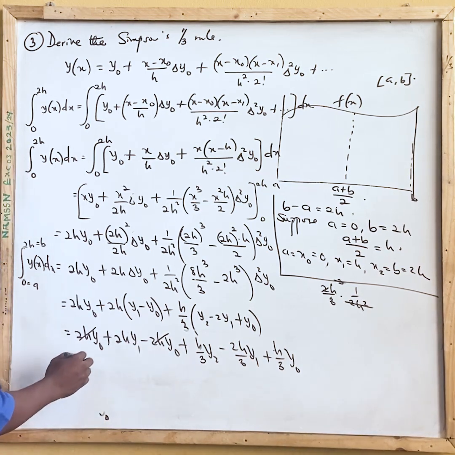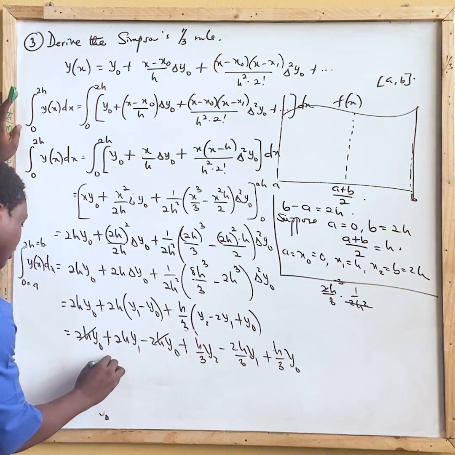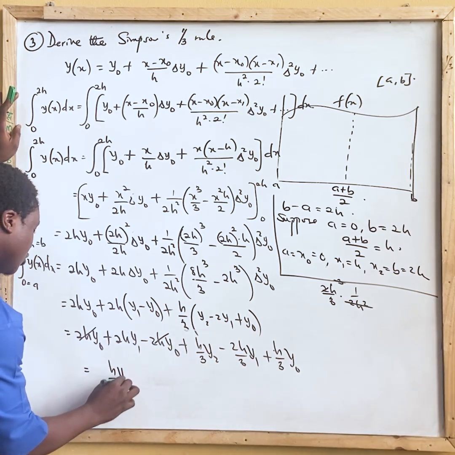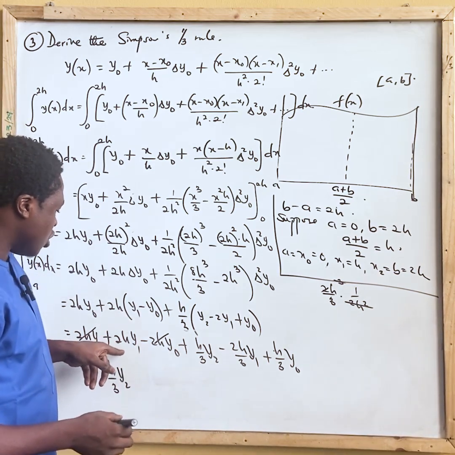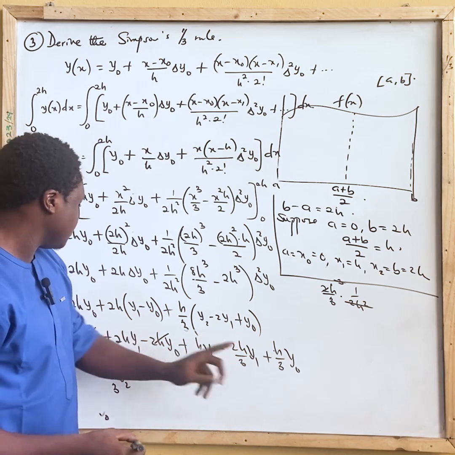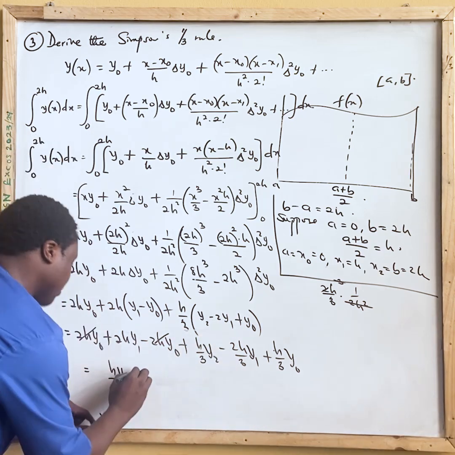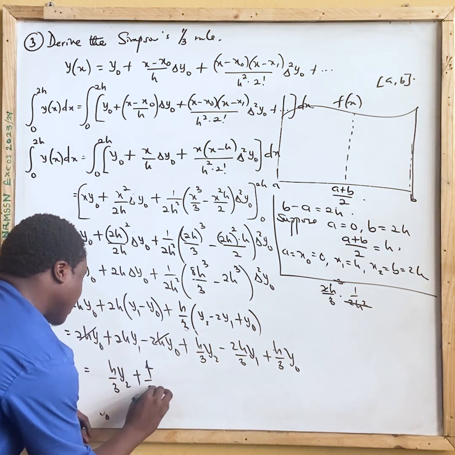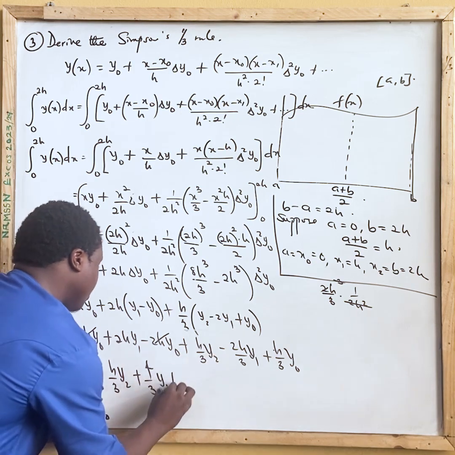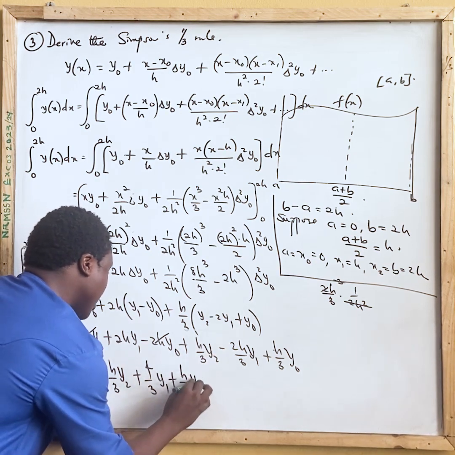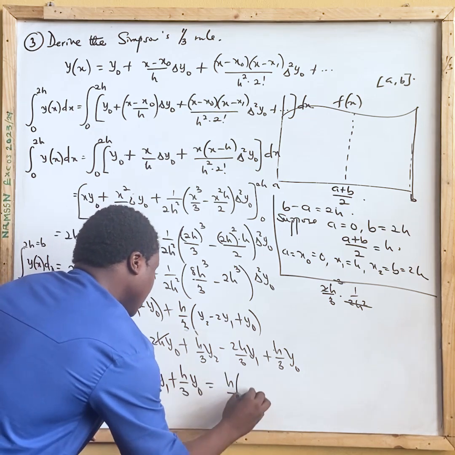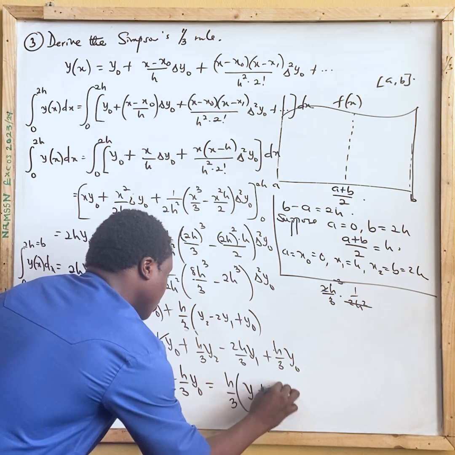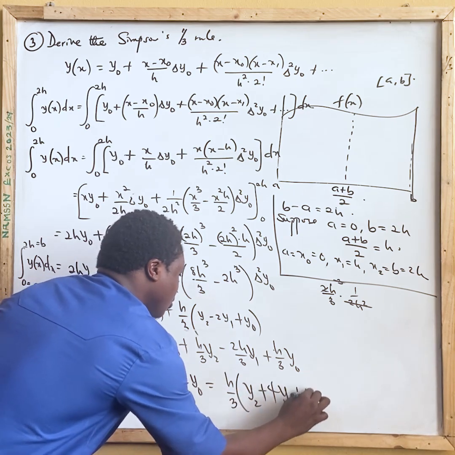So let's start with y2: I have h over 3 y2. For y1, I'm seeing 2h minus 2h over 3, that's 4h over 3, so plus 4h over 3 y1, then plus h over 3 y naught, which gives me h over 3 into (y2 plus 4y1 plus y naught).